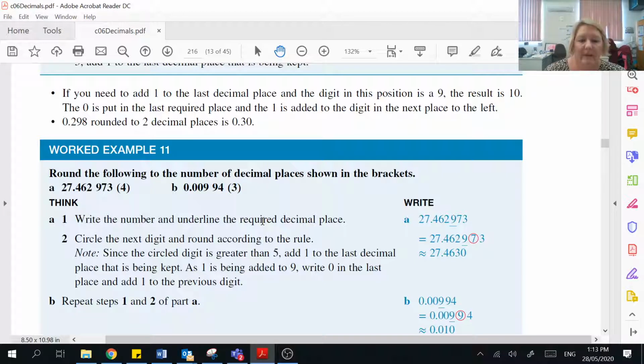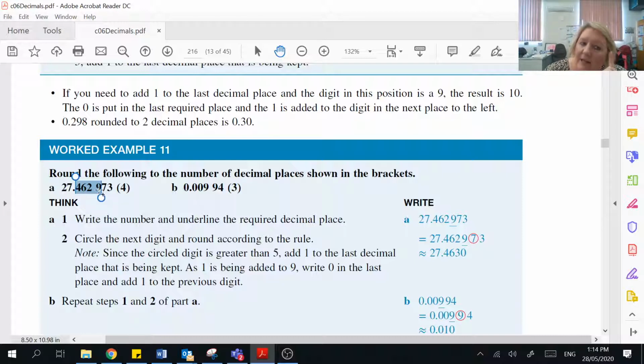round the following to the number of decimal places shown in the brackets. So this one says 4. Let's have a look at the 4 numbers after the decimal place. So we've got 1, 2, 3, 4. Look at the number after that, 7. Is it 5 or above? It very much is. So that 9 is going to have to add 1 on.